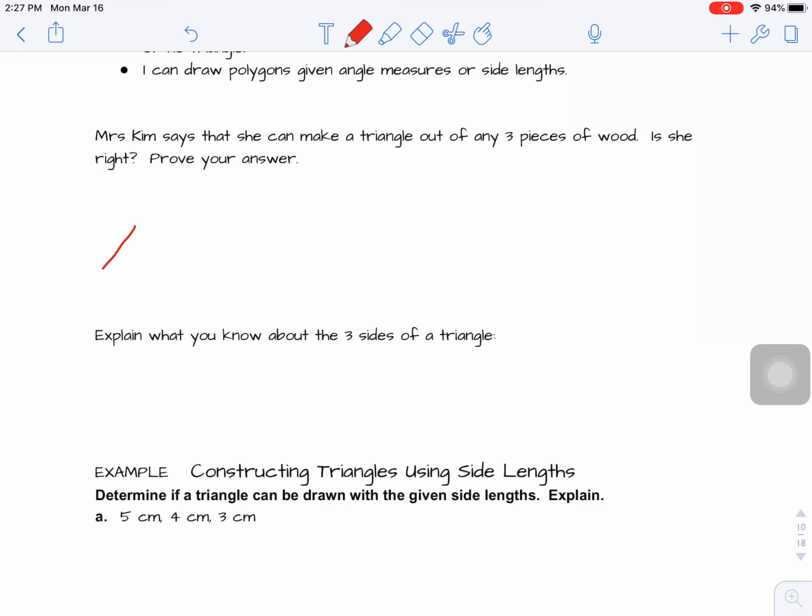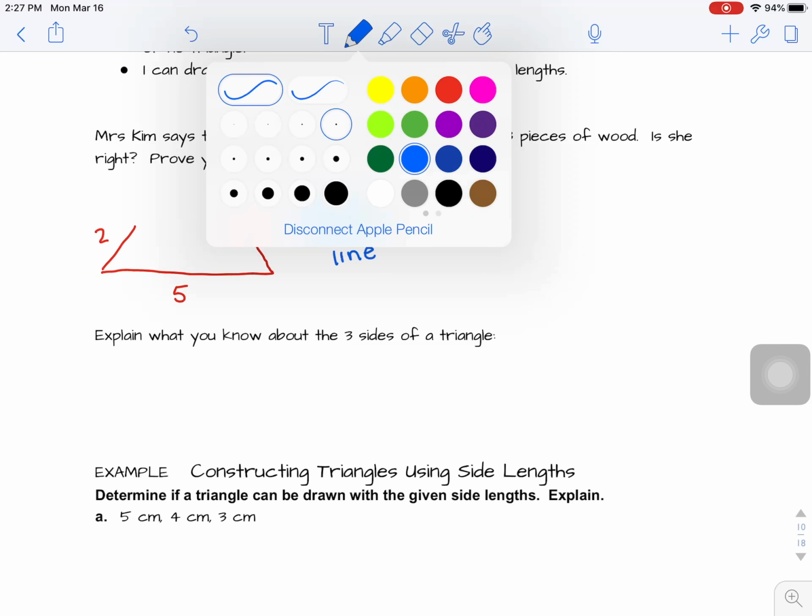First, if we had side lengths, let's say that these were 2, 3, and 5. If you were to fold down the 2 and 3, this would actually form a straight line. Those sides would collapse down on themselves, and it would form a straight line, not a triangle.